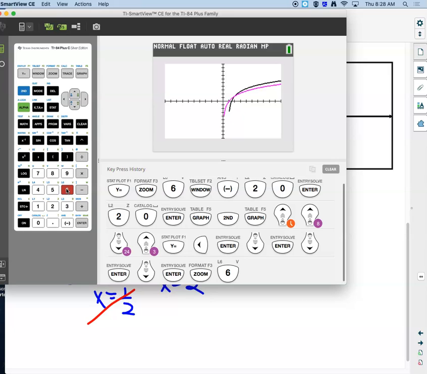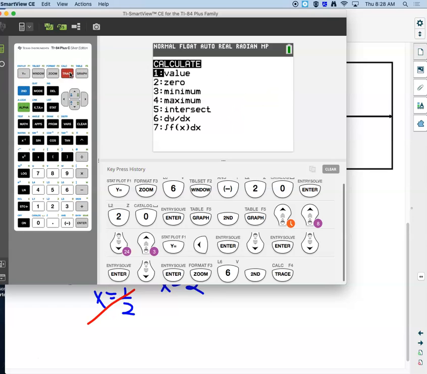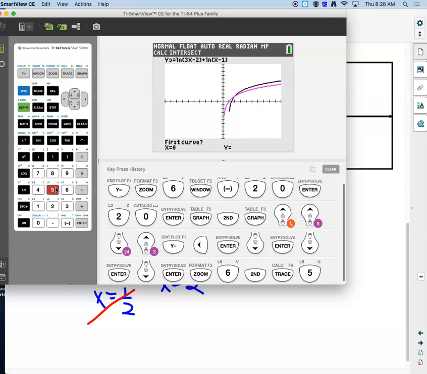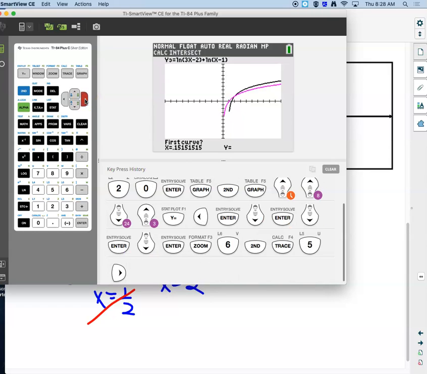And again, you could go to the table feature with this one, or second trace, number 5. Now this is something interesting that happens when you try to use intersect with logarithms that I wanted to show you. Notice it says first curve, but it hasn't picked a line yet. We're not used to that, or it hasn't picked a curve yet. And that's because with logarithms, remember our domain is restricted. So we're going to have to hit an arrow or a couple of arrows, usually the up arrow.